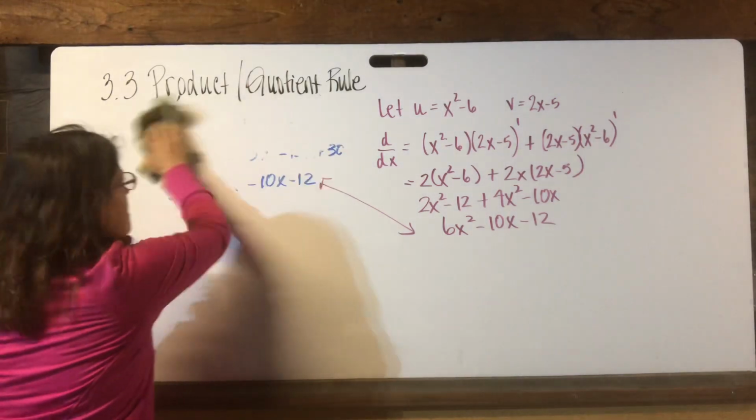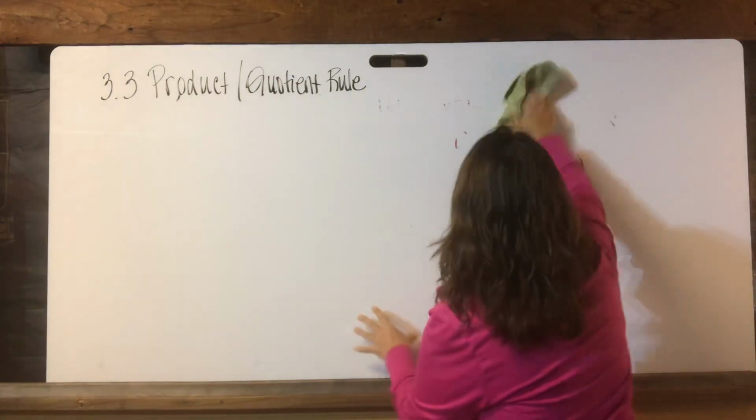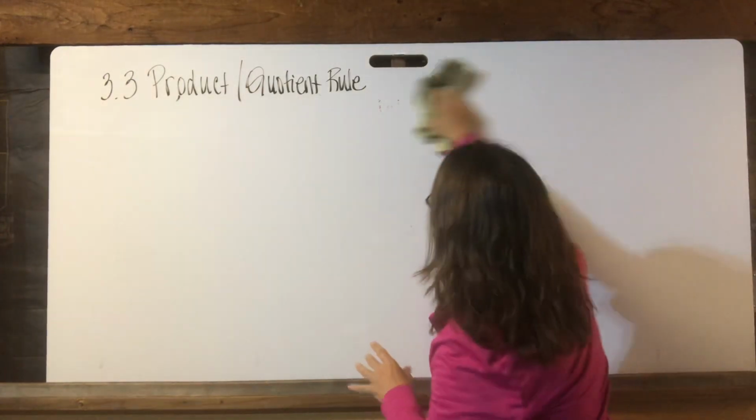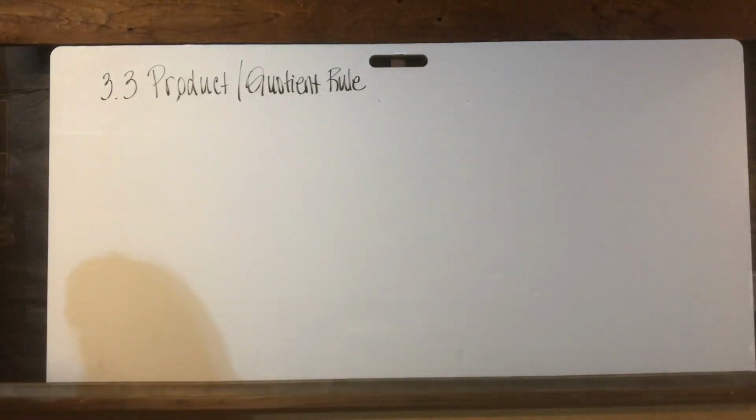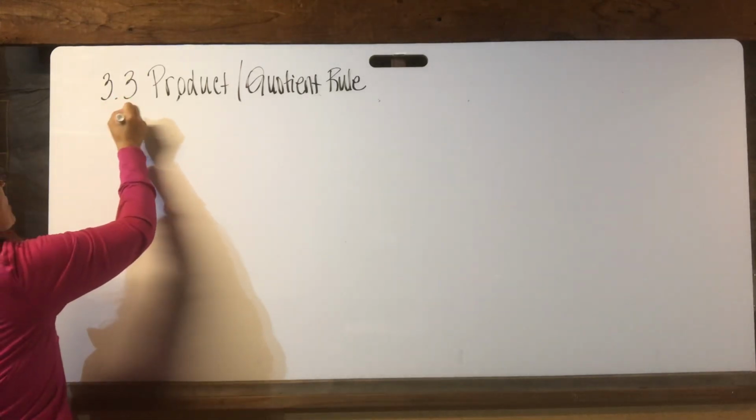Okay, so I'm going to do a couple examples of the quotient rule. So if you're following along, this is number 20 in the book.